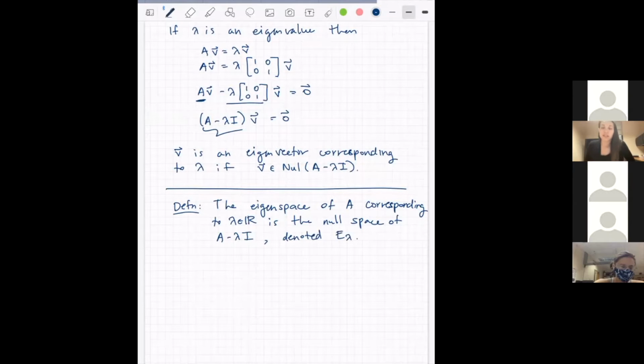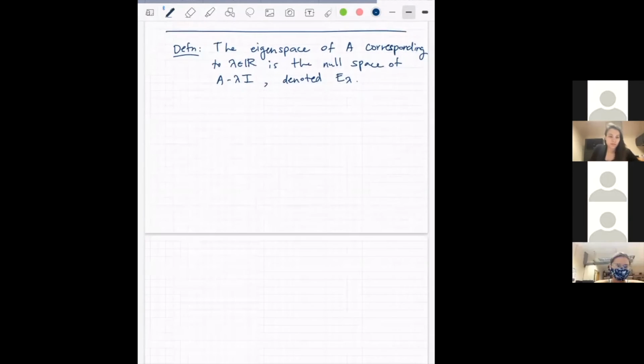Okay, that is the eigenspace corresponding to lambda.